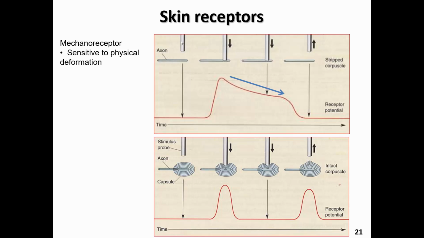That experimental probe will cause a physical deformation of the axon. So in the first step here, what we see is the initial pressure of this external probe, which causes a slight change in the shape of the axon, causing it to discharge.